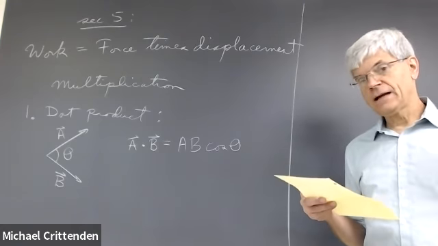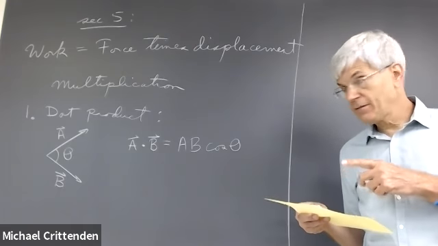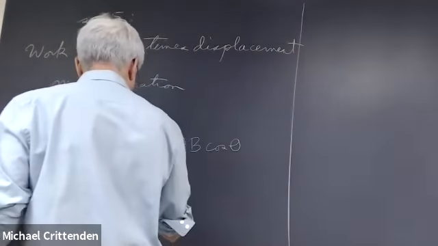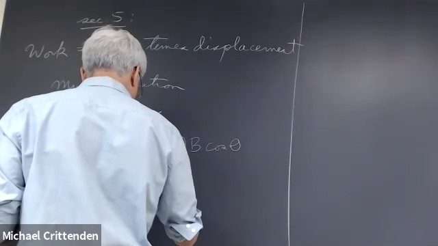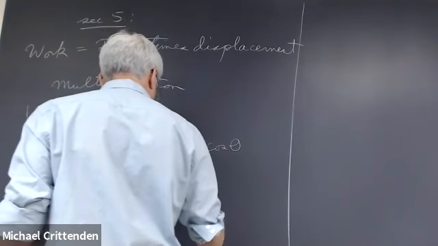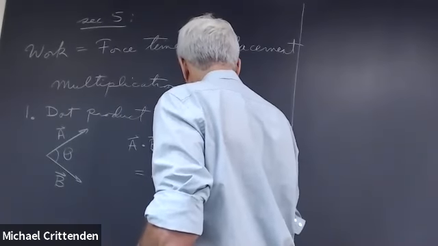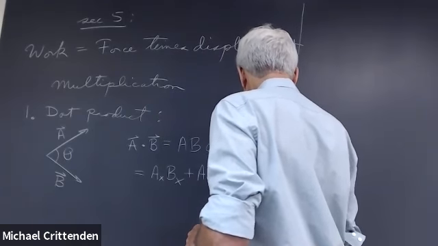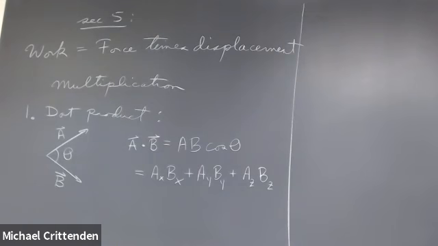And if you want to find the dot product from the components of these vectors, instead of the magnitudes and that angle, then that goes like this: multiply the x's together, multiply the y's together, multiply the z's together, and then add them all up. Work is a dot product, okay?